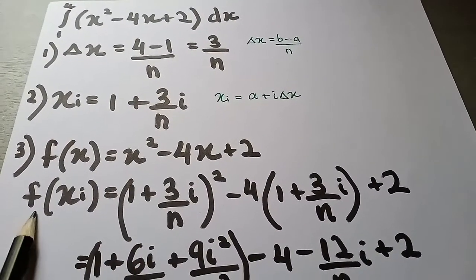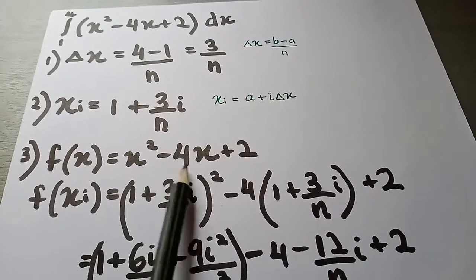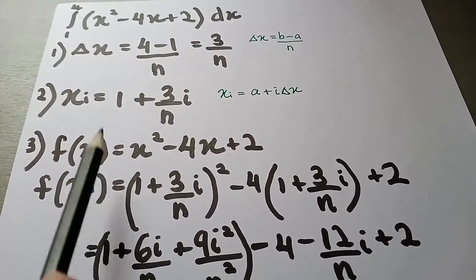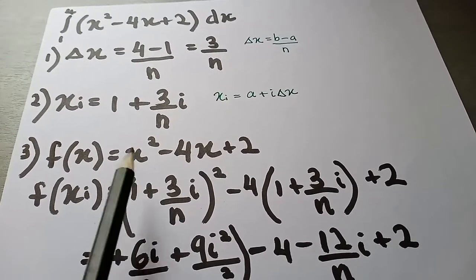In the third step we need to find f(xi). The function given is x squared minus 4x plus 2, and we substitute our xi into the x given.